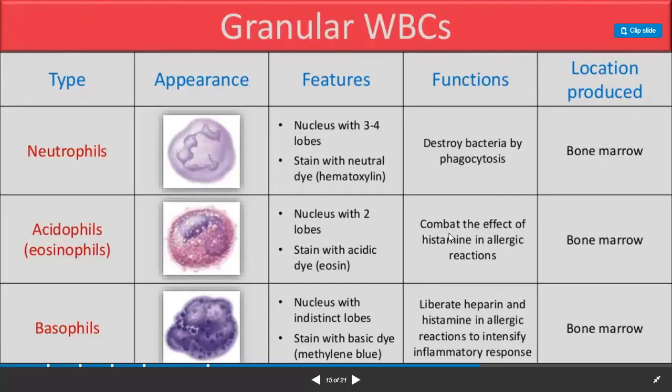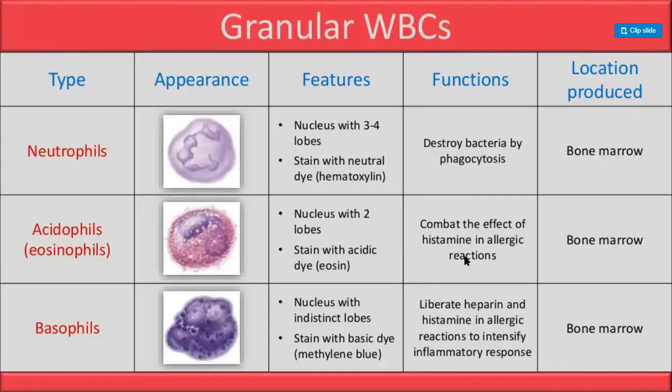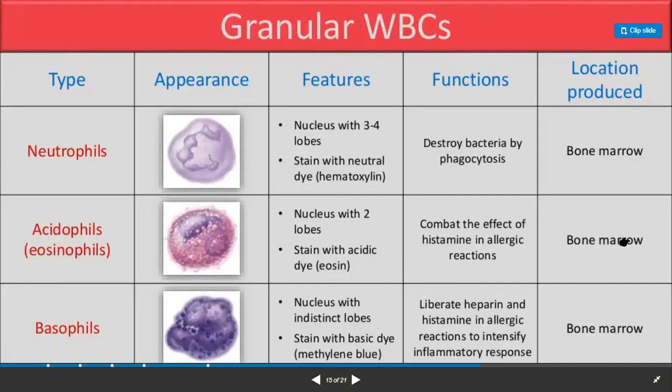Now, what is the function of the eosinophil? The eosinophil combats the effect of histamine in allergic reaction. So eosinophils are involved in allergic reactions, like I said before. I also mentioned that they respond to parasitic infections, and they are produced in the bone marrow.